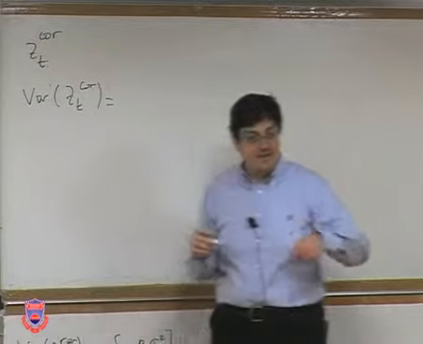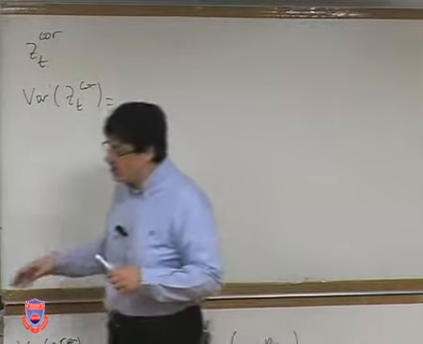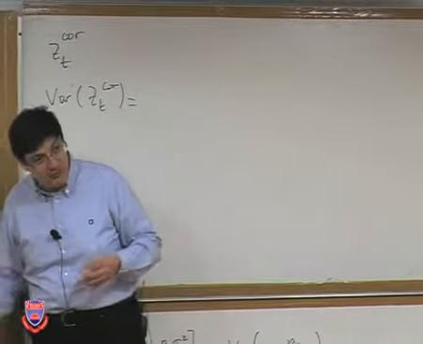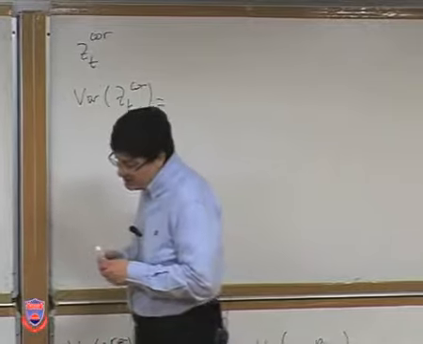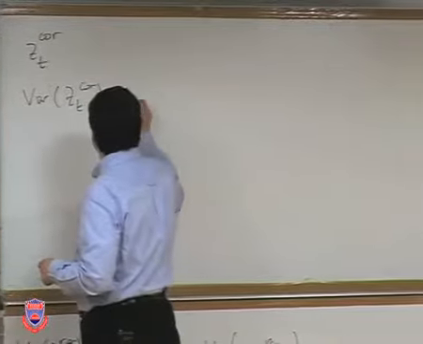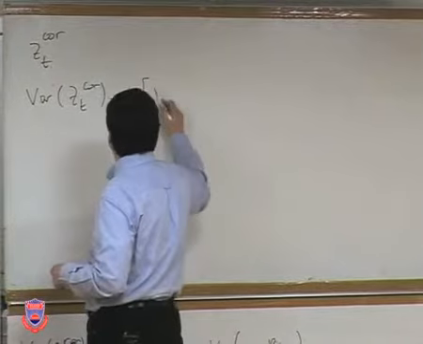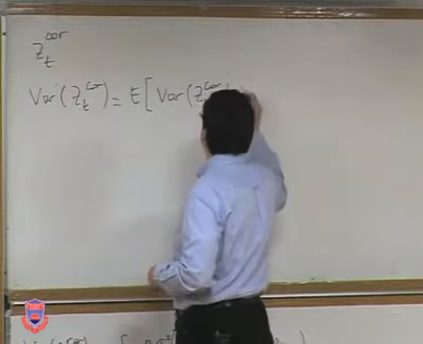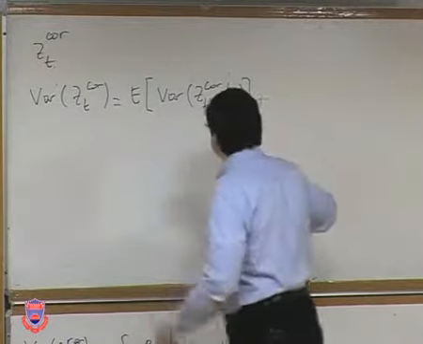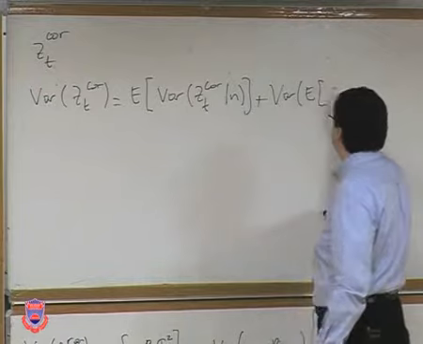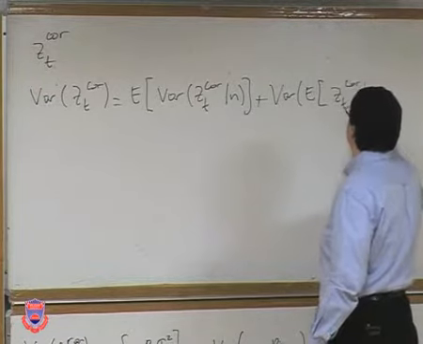Note that the variance is again going to be computed using the formula that we had before. It will be the same thing. So let me write what we are going to see. This is basically the expected value of the variance of z_t correlated given n, plus the variance of the expected value of z_t correlated given n.